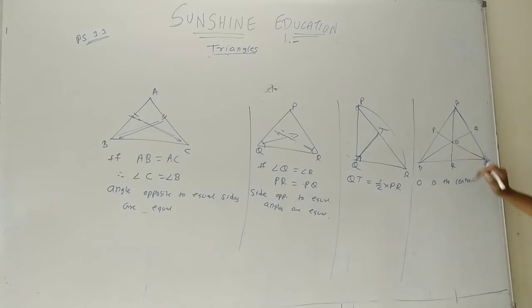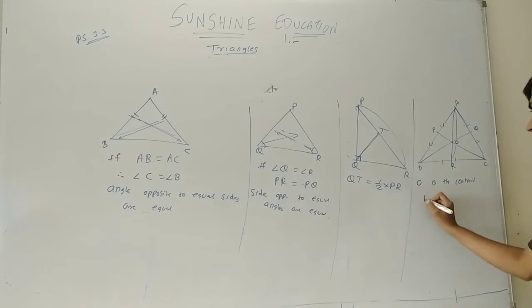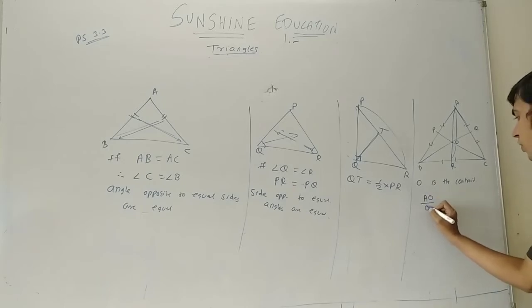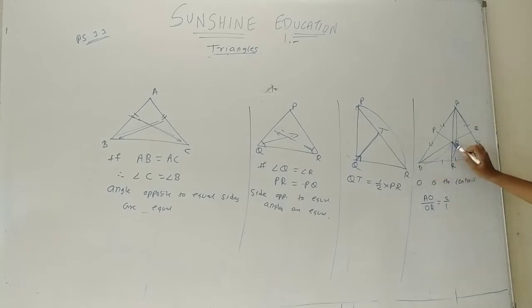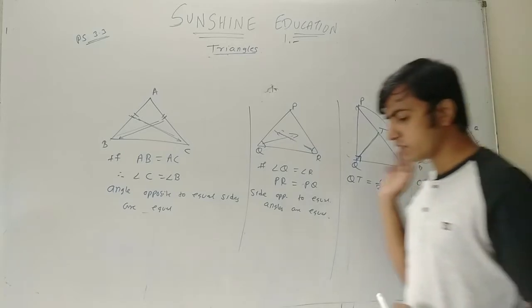The medians divide the sides into two equal parts, and the point of intersection is the centroid. The centroid divides the median in the ratio 2:1 from the vertex. Therefore, AO upon OR will be 2:1, BO upon OQ will be 2:1 from the vertex, CO upon OP will be 2:1. You need to remember these four properties.